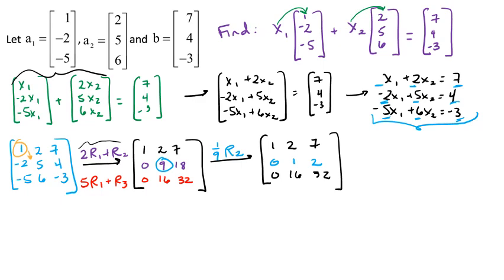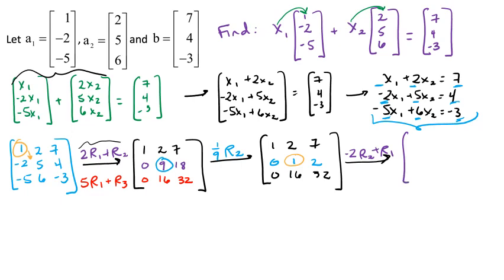Moving right along, now that I have another pivot, I want everything above and below that to be 0. So that's what I'm going to work on now. I'm going to do this as a twofer. I'm going to take negative 2 times row 2 and add that to row 1 to get my new row 1.